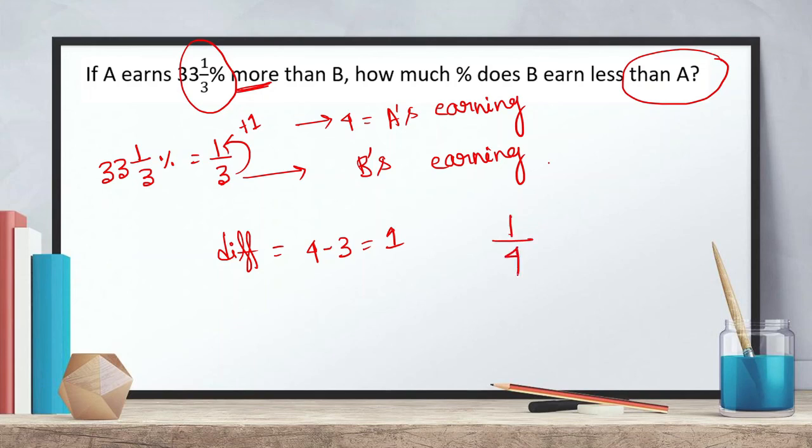A's earning is 4. So the difference is 1, 1 will be in the numerator. And after "than" it is A, so it will be 4 in the denominator and it will be multiplied by 100%. The answer is 25%. Hope it is clear.